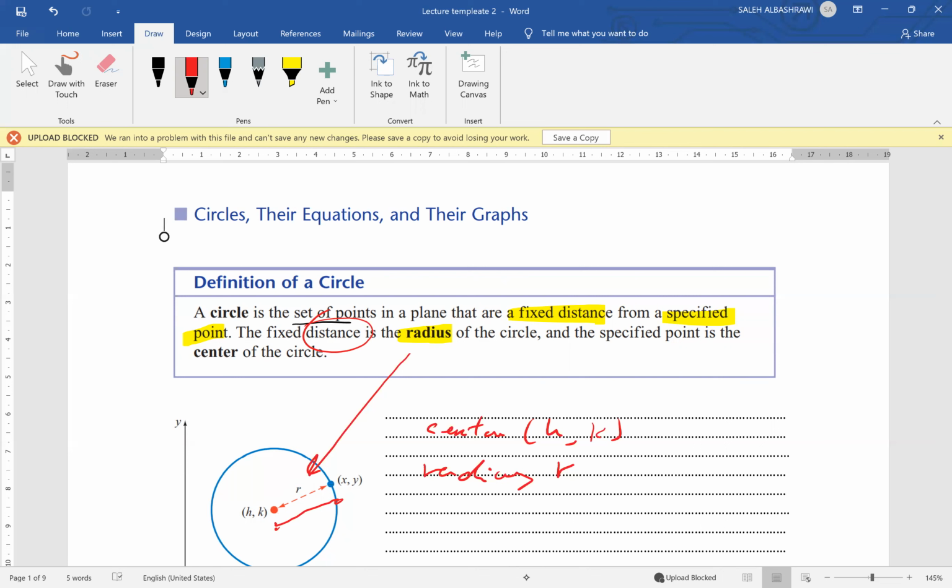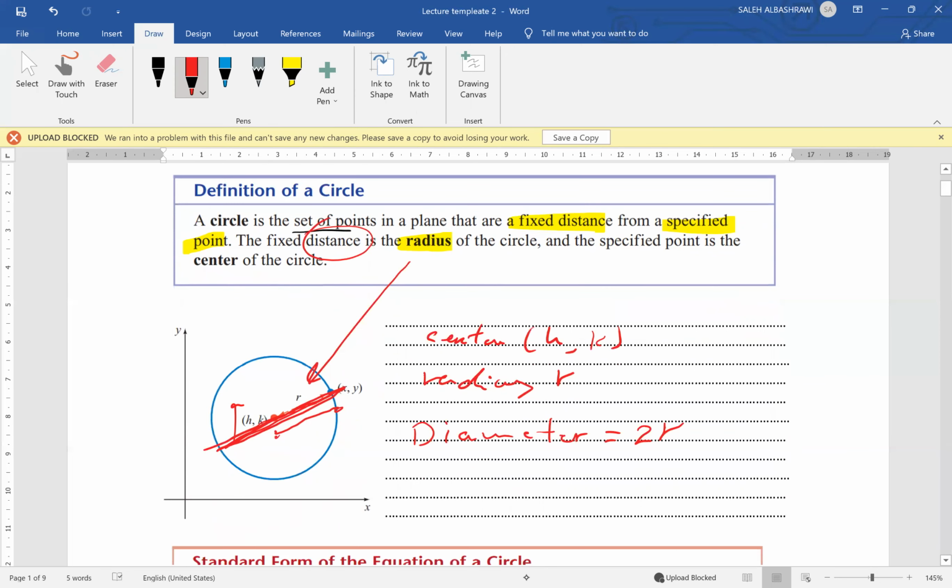And the distance between any two points on the circle passing through the center is called the diameter. So we have r and we have 2r. Diameter is equal to 2r. We have to know this one.